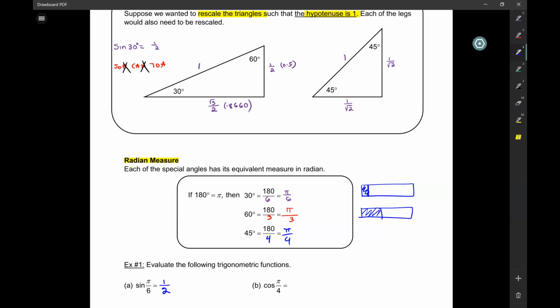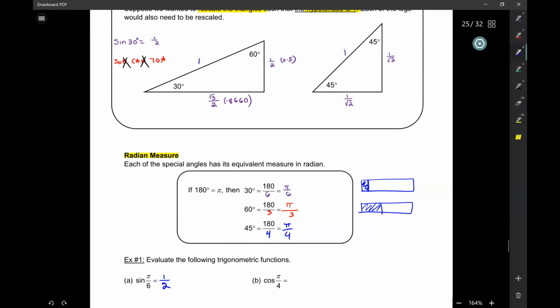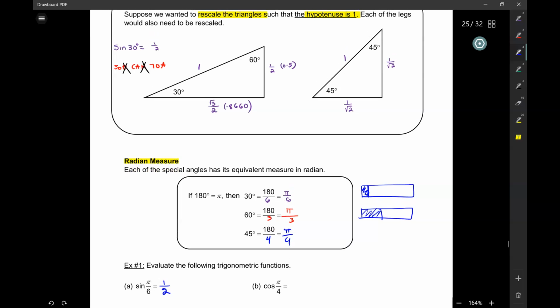Because later on when we start doing the unit circle, we're going to need all of our triangles to have a hypotenuse of 1. The other way is not going to work anymore. Plus this makes it more efficient. So sine is opposite, cosine is adjacent. That's it.